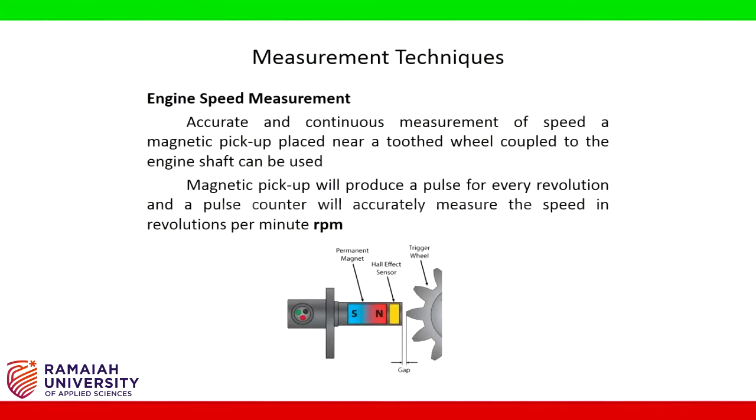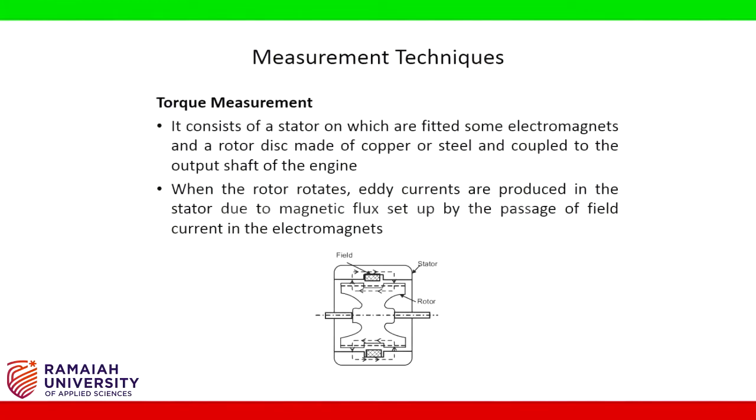Engine speed measurement. Accurate and continuous measurement of speed. A magnetic pickup placed near a toothed wheel coupled to the engine shaft can be used. Magnetic pickup will produce a pulse for every revolution, and a pulse counter will accurately measure the speed in revolutions per minute (RPM). Torque measurement.